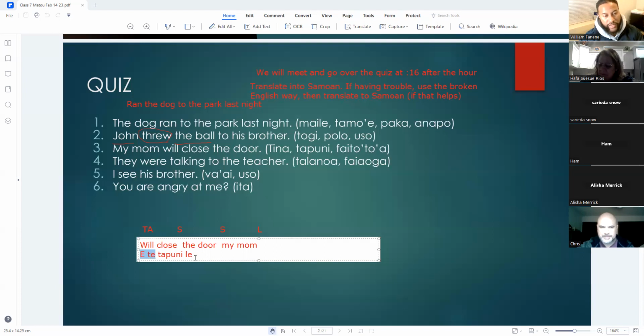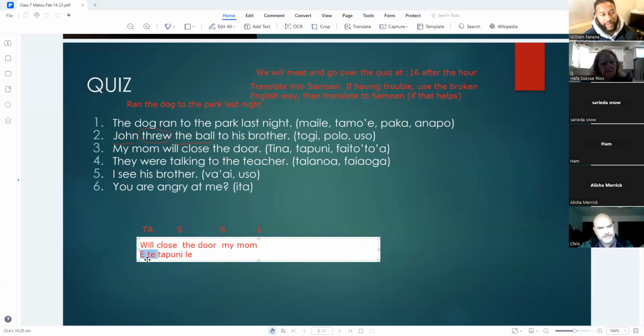So you close the... okay, I'll just stop right here. This right here, ete, means you, and we're going to cover this next Tuesday. All of the pre-verb pronouns, we're going to cover next Tuesday. But everything else was great. I'll stop there because I don't want anyone to get lost with the ete.